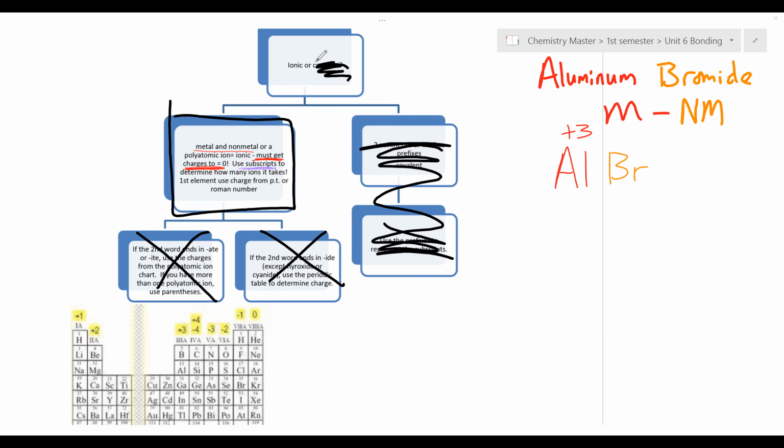Chloe, how about bromine? Can you find bromine and tell me the charge for bromine? It is negative. Can you tell me the number? Negative what? What number is next to the negative?